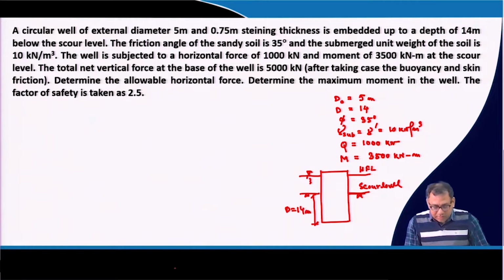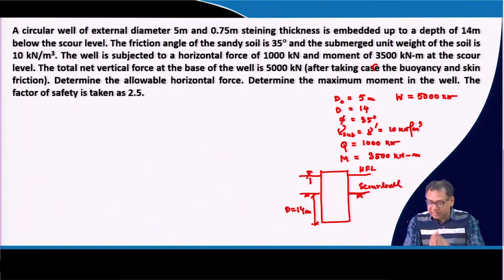Now, the total net vertical force W is 5000 kilonewton after taking care of the buoyancy and the skin friction.